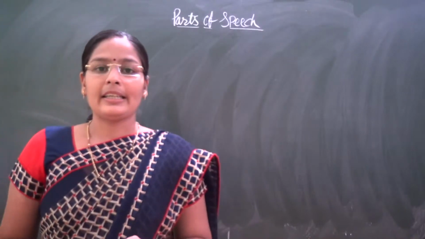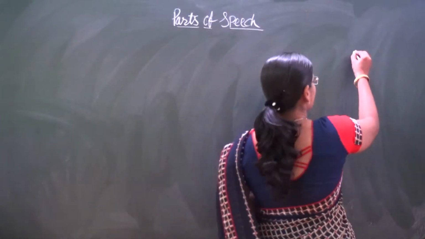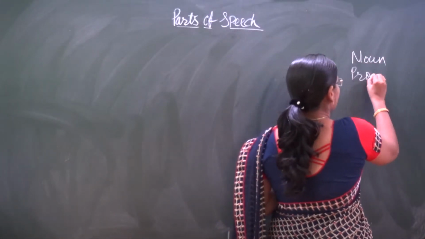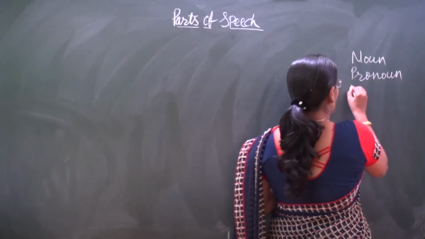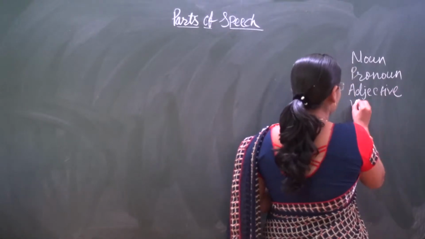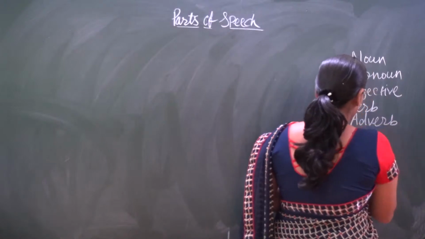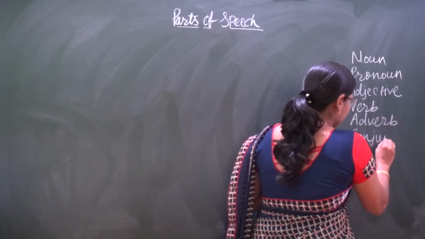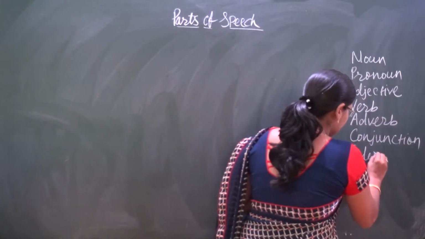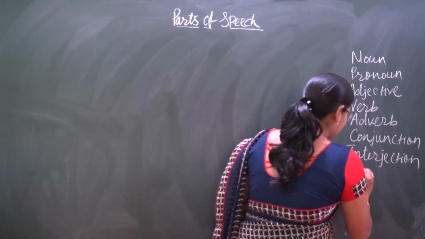As you know, there are 8 parts of speech in the English language. They are noun, pronoun, adjective, verb, adverb, conjunction, interjection, and preposition.